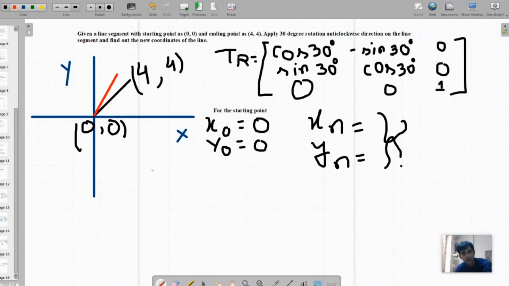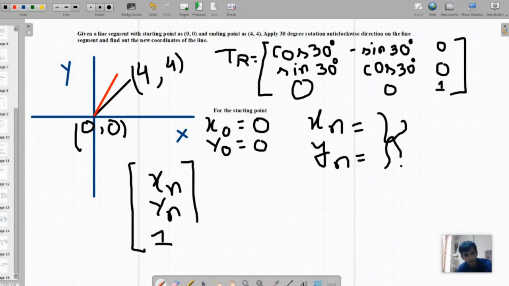It will be something like xn yn 1 equals to, then you will place your rotation matrix here. That means you should replace this with this, multiplied with x old, y old, 1.